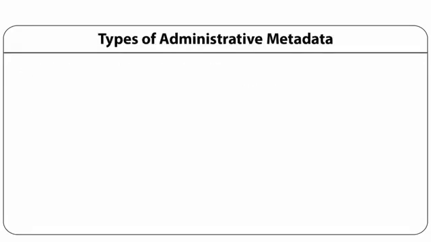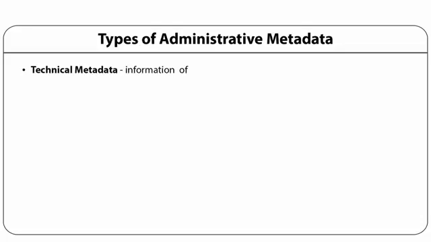Types of administrative metadata. There are 4 types of administrative metadata available. First one is technical metadata, second one is intellectual property rights metadata, third one is source metadata, and fourth one is digital provenance metadata.